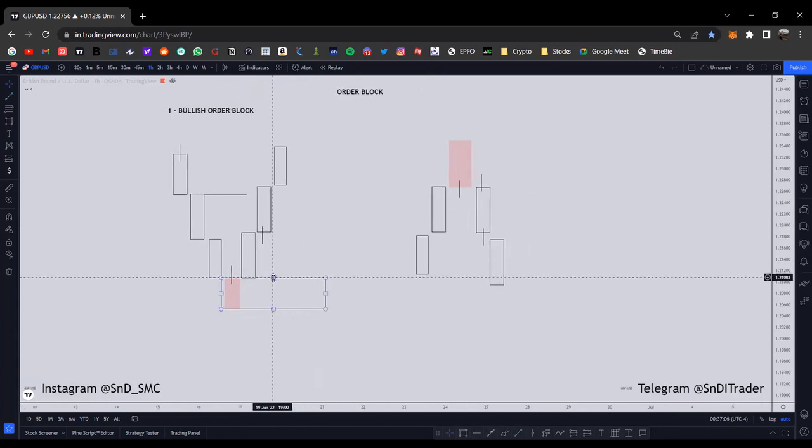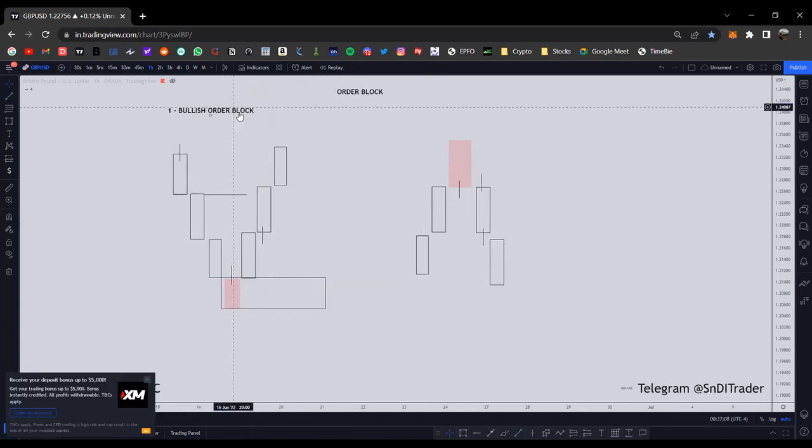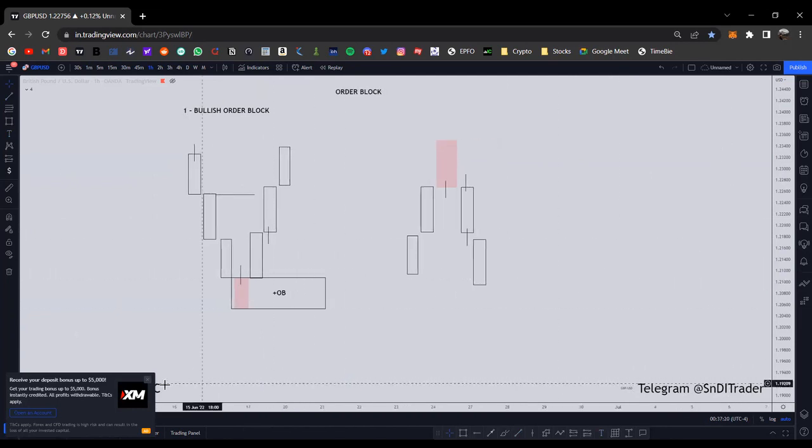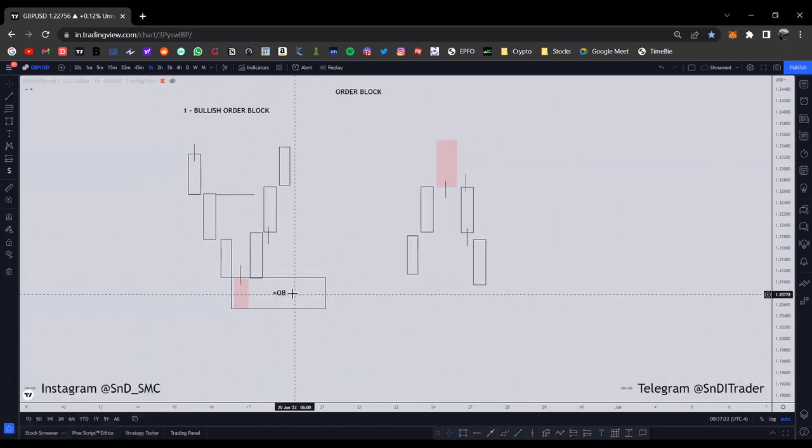So in this case, this will be a bullish order block. A bullish order block can be denoted as plus OB, and this will be the last bearish candle before the up move.